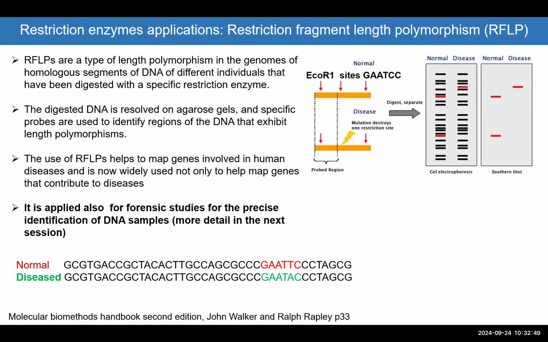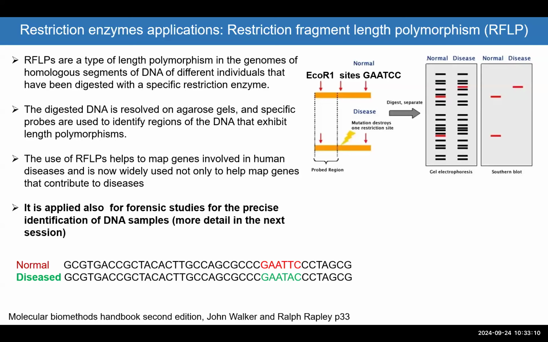Okay, then the first application we discussed after Southern blotting was the restriction fragment length polymorphism. In this technique, we rely basically only on the restriction sites that exist in the genome of the individuals we are testing.